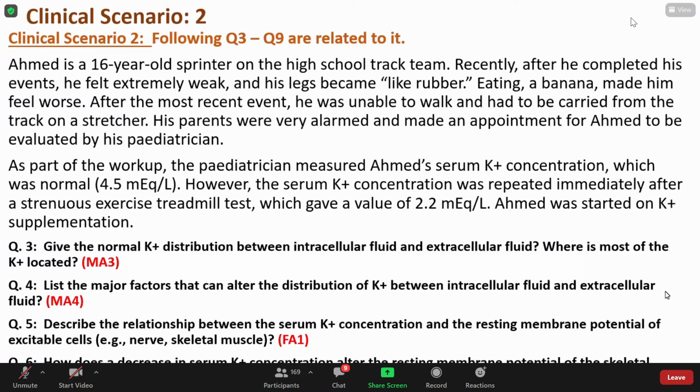So we know that the serum potassium concentration can affect the extracellular fluid concentration, and the extracellular concentration in relation to the intracellular concentration is what's going to determine the electrochemical gradient, which determines whether potassium flows from inside to outside, and also how strong that gradient or current is.